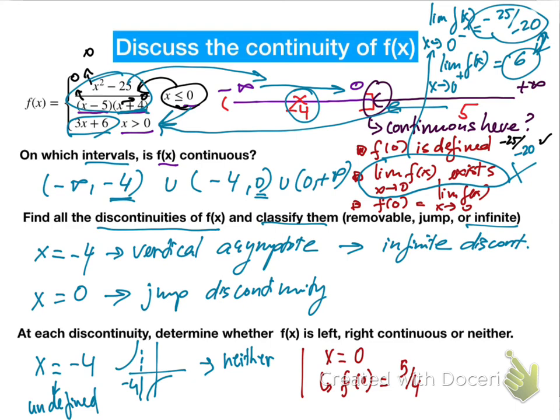And the limit as x goes to 0 from the left is also 5 over 4, which is the same value. So by the definition, we can conclude that at this point the function is left continuous.